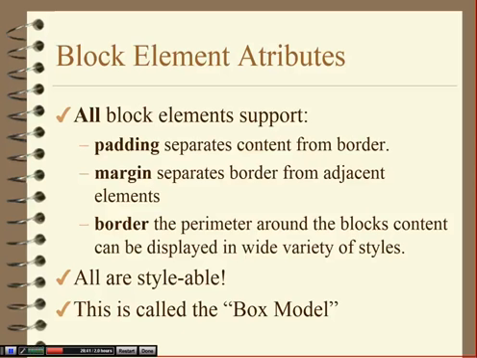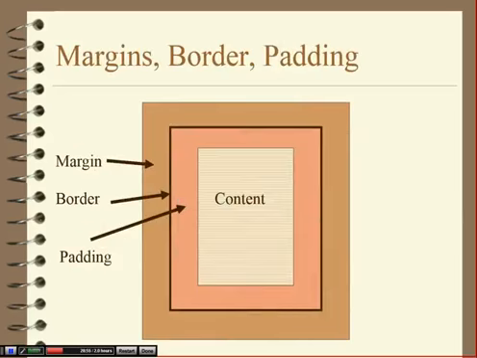Okay, so all block elements support padding, margins, and border. That doesn't mean you have to have a border around everything, by the way, okay? And this is called the box model. Here's a great diagram that shows this. So I have some content, which is typically going to be text.